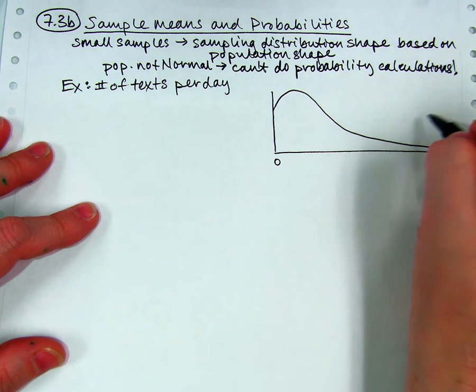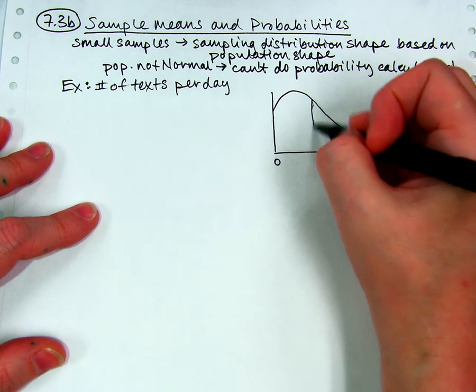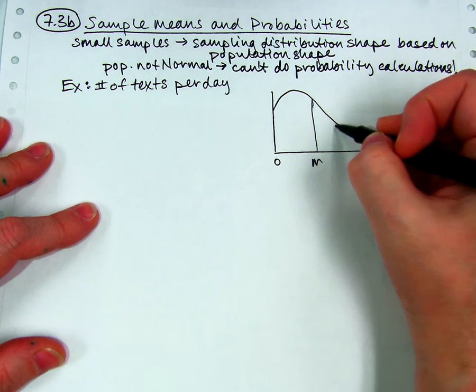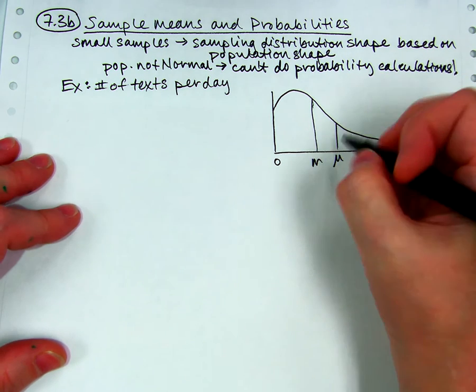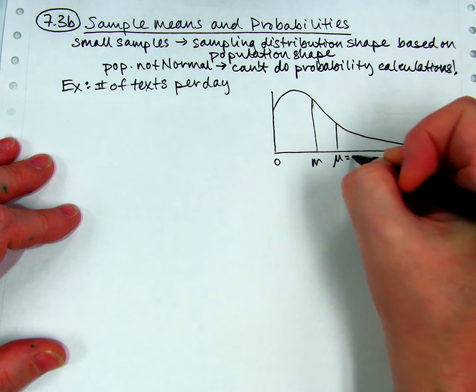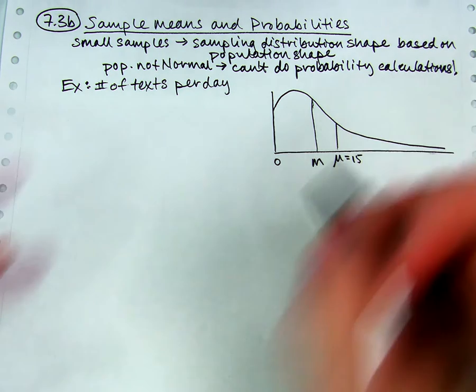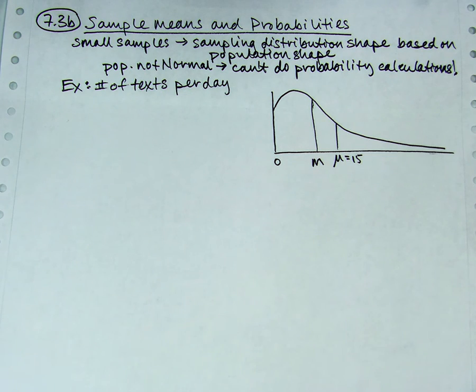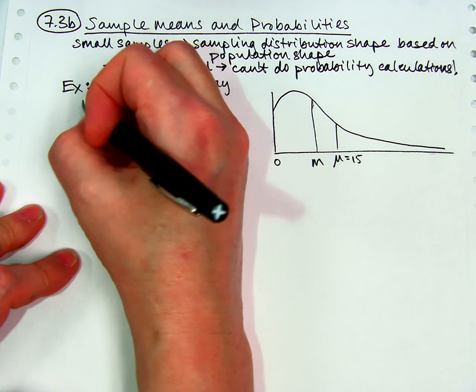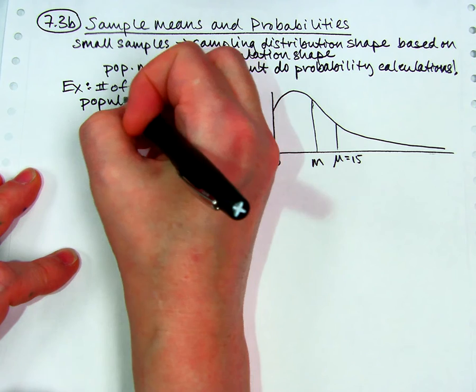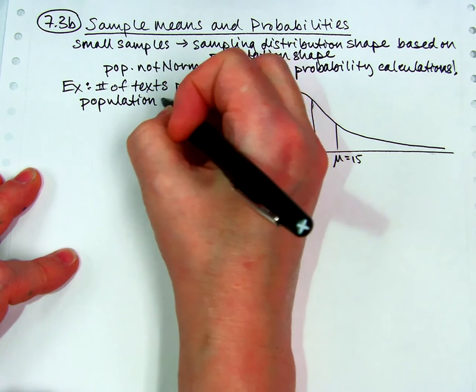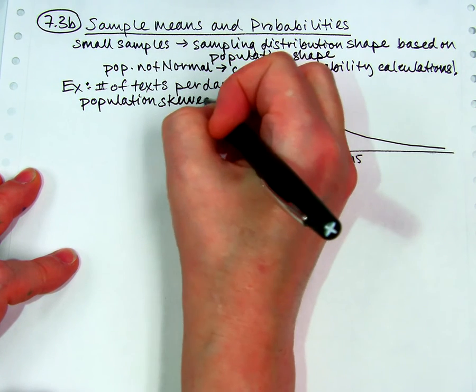It's kind of a common sense thing, the fact that that happens. That means the mean and the median are different. So maybe the median's about right here and the mean's a little bit further over. And I'm going to tell you that the population mean, let's say it's 15 texts per day. Population is skewed right. Here's what we know about the population.